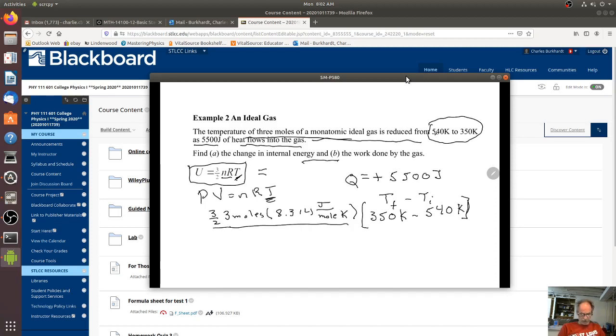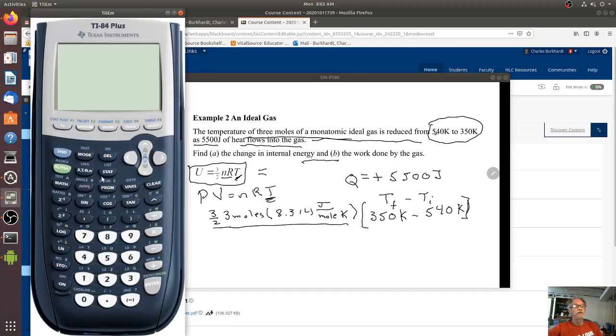And so this is a big problem. Let me grab my calculator for this. Turn it on. And I'll take 3/2, which is 1.5, times 3 times 8.314, parentheses, times, parentheses, and then 350 minus 540.